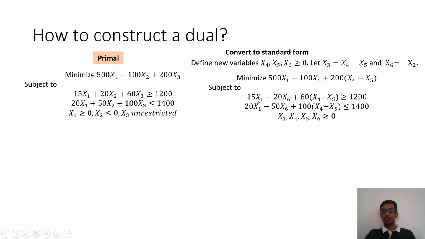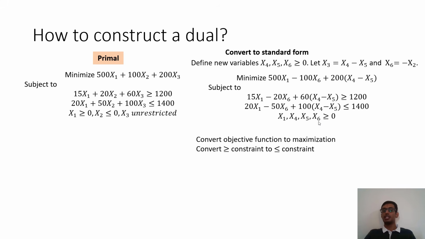You have 15x1 minus 20x6 because x6 is equal to minus x2 plus 60 into x4 minus x5. Similarly, you do it for the other constraint. Now you have the following variables: x1, x4, x5 and x6. This is how you convert the dual to a standard form.